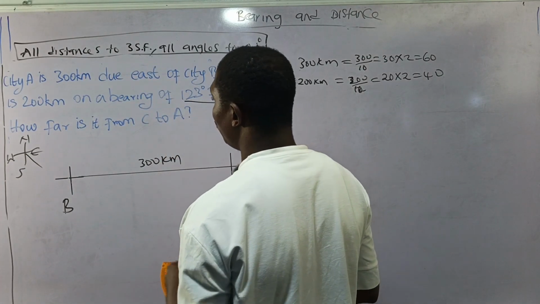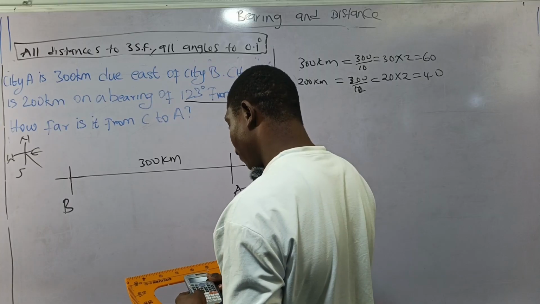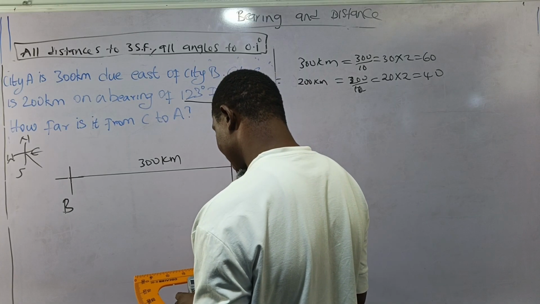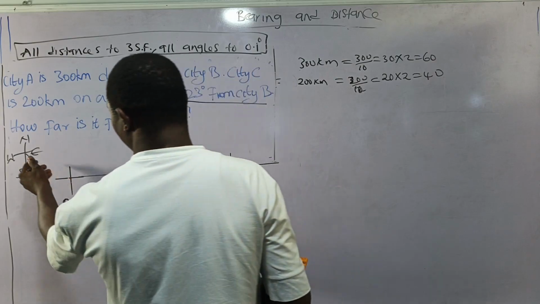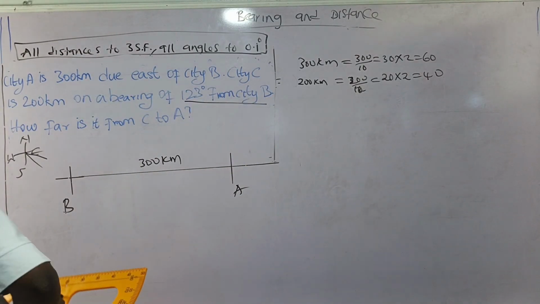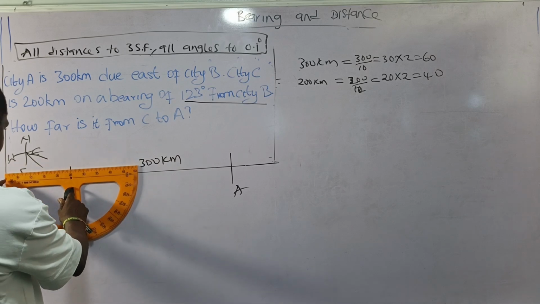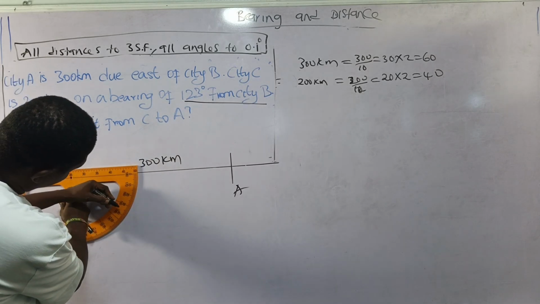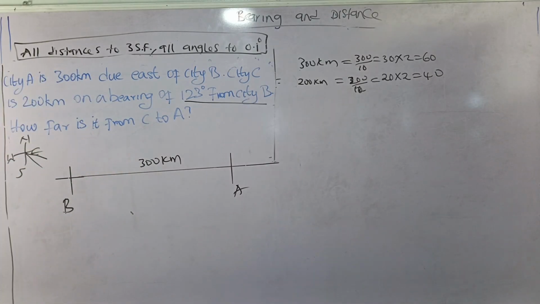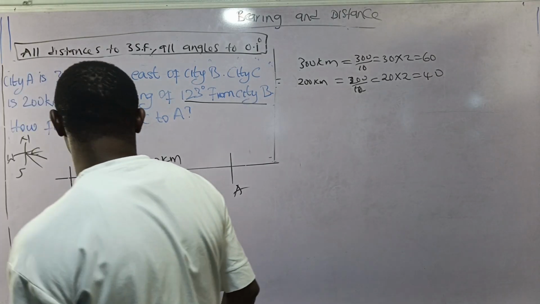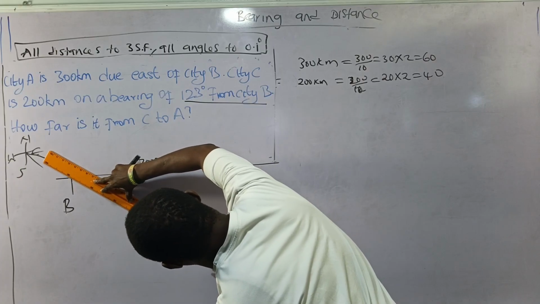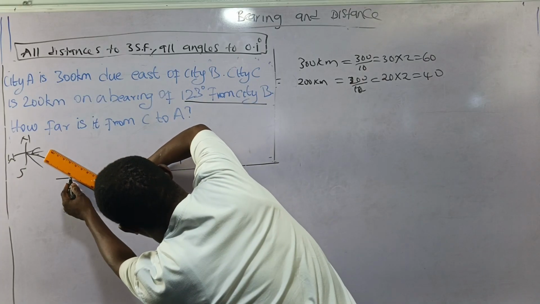If I want to remove the 90 degrees, I'll have 123 minus 90, and I have an angle with respect to the east of 33 degrees. So let's do that. 33 should be three lines after 30. So I can therefore rule a line using this line I've marked out.